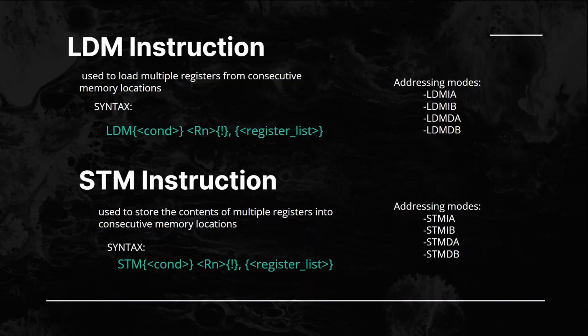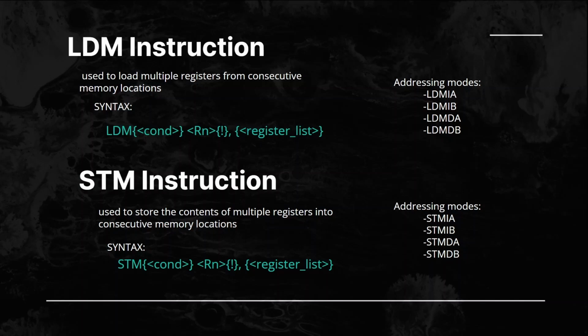For saving the state of registers into the stack, especially before entering a function. For example, when entering a function, you may want to save the current state of the registers so they can be restored upon return, and load multiple can be used to restore those registers.